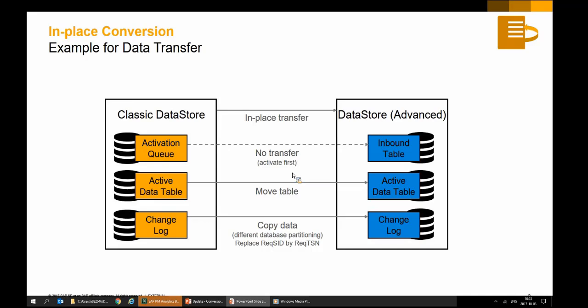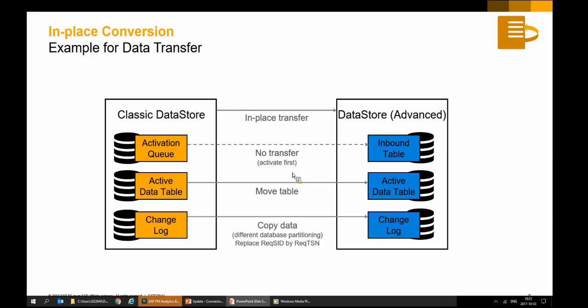For the data store object, the transfer of data is a little bit different. Here we are copying data only for the changelog, because the request IDs are changing from the request TSNs to the request transaction sequence numbers. So we are making this adjustment by copying the changelog. The active table is just being moved.